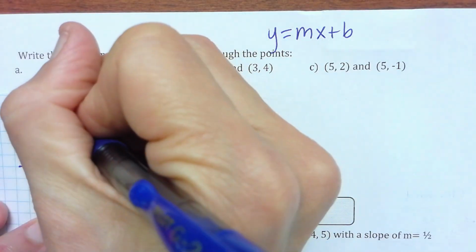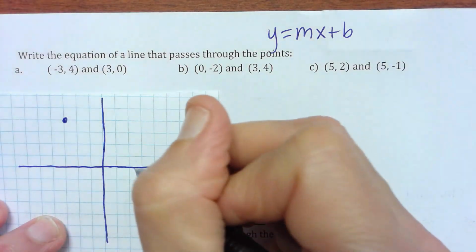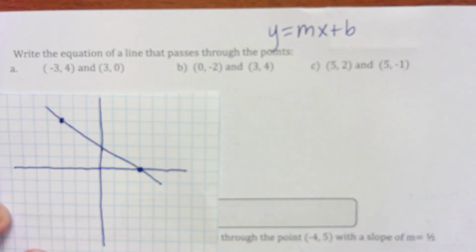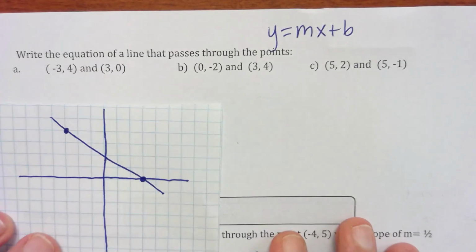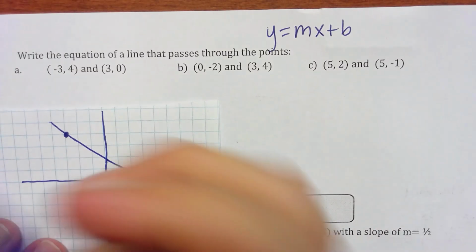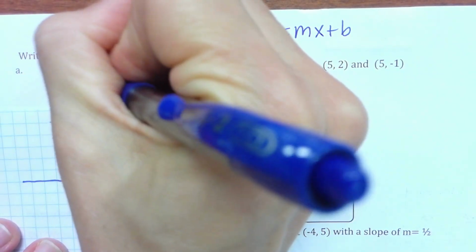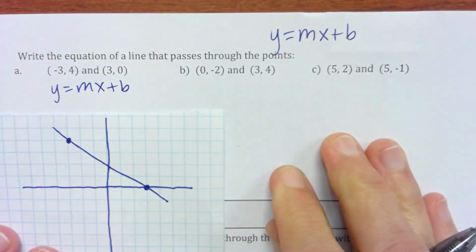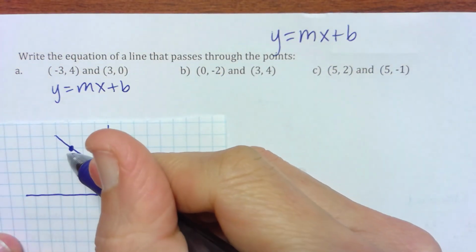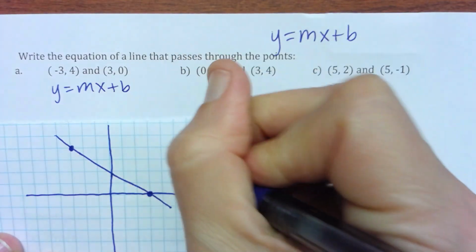So -3, 4 is here, and 3, 0 is here. And if I connect those with a line, it goes like that. Okay. So I'm writing a slope-intercept form equation, right? So y equals mx plus b equation. I need to figure out what the slope is, and it looks like it's down 4 and over 6, which is -2/3.